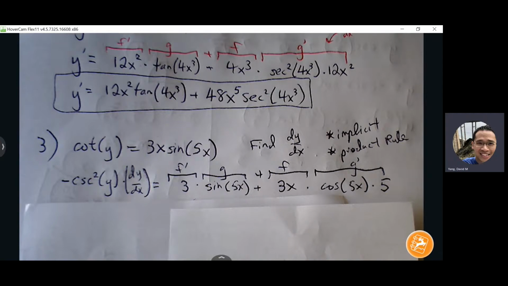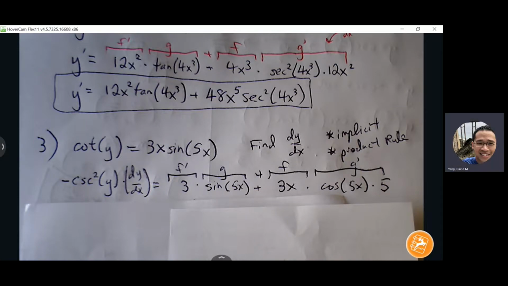Okay, once you find the derivative, there's only one thing left to do. It's just to divide by that negative cosecant squared y. We don't even have to rearrange anything because the dy dx is already by itself pretty much, and there's only one dy dx. So in this problem, there's no need to collect the dy dx's or factor them out.